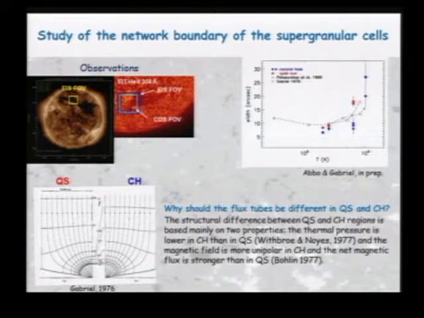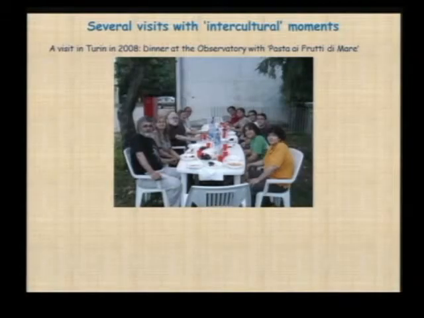And with the technique of autocorrelation of monochromatic images, we studied the minimum scales in the monochromatic images of ice and CDS, and we found a difference in the width of the supragranular cells in coronal hole and quiet sun, as you can see here in this plot, comparing with the Patsourakos et al. 1999 results. There is theoretical support for the difference in the width of the boundary between these two regions. I don't go into the details.